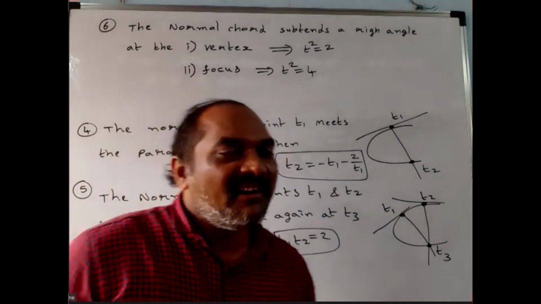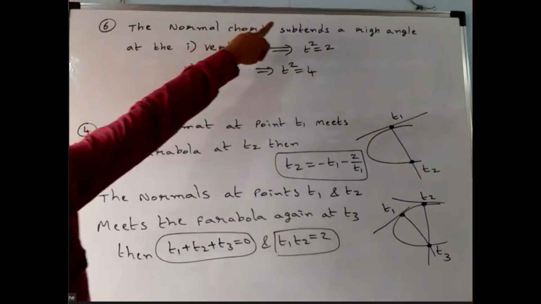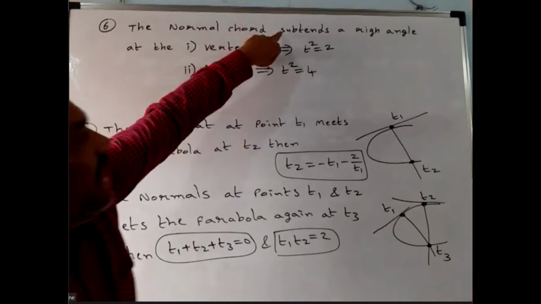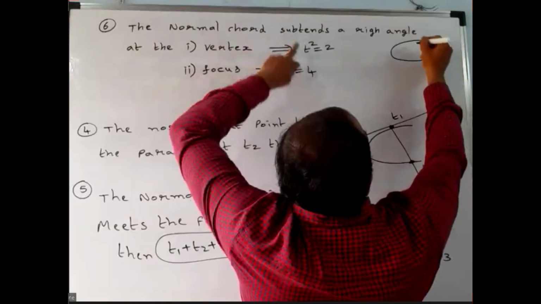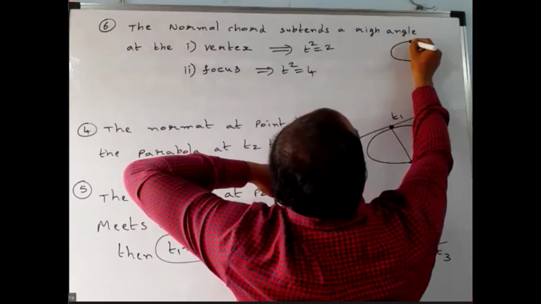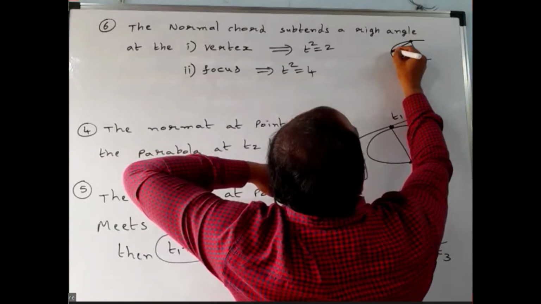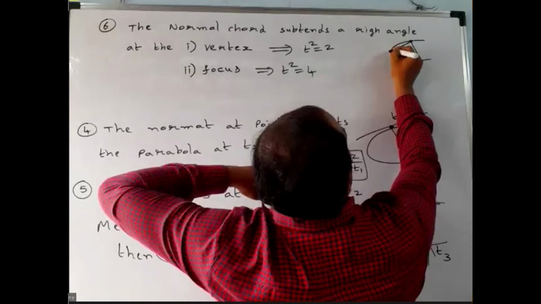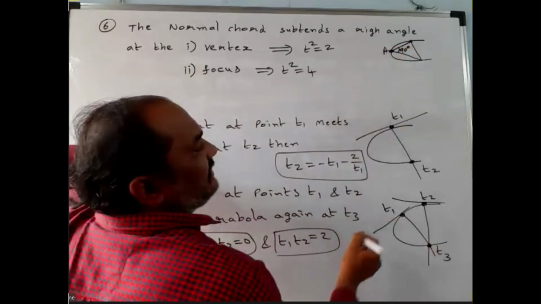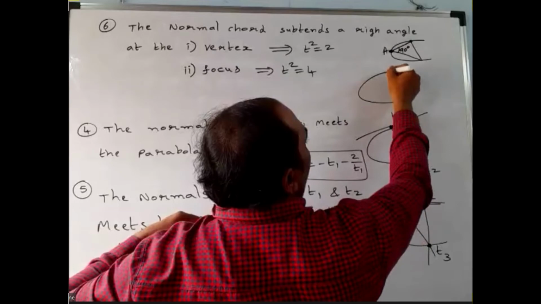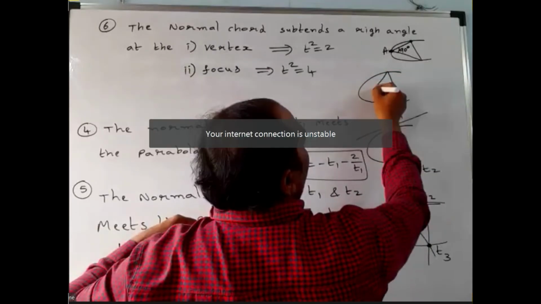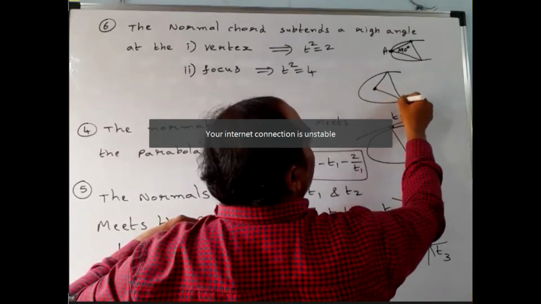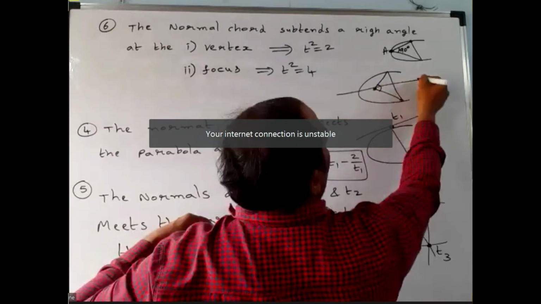Sir, what is the meaning of this one? Not the parabola. This chord makes 90 degrees at the vertex. This chord makes 90 degrees with focus.